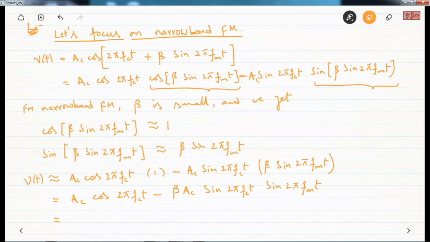So this can be written as Ac cos 2 pi fc t. Now I'm trying to make use of the sin A sin B formula, so beta Ac by 2.